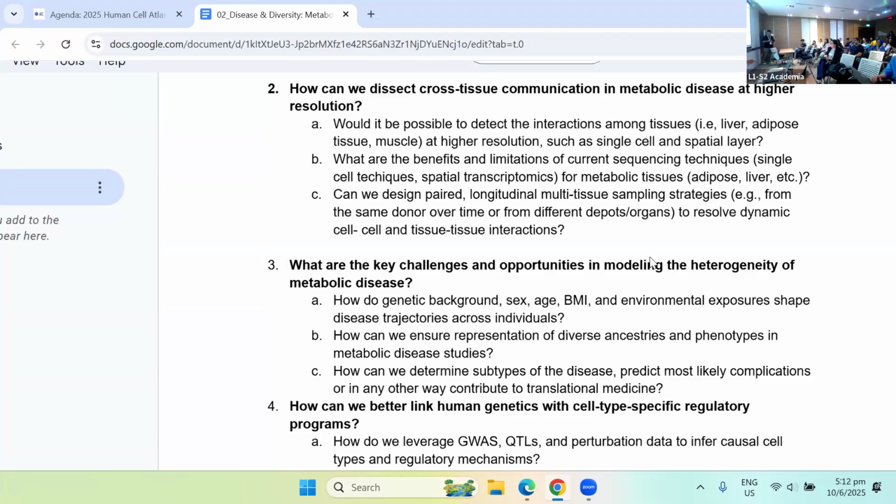Someone mentioned placenta, which is important for childhood, and also for maternal GDM. I think I missed some. Yes, the hormonal glands, thyroid gland and adrenal gland, and of course the brain, very nicely put.